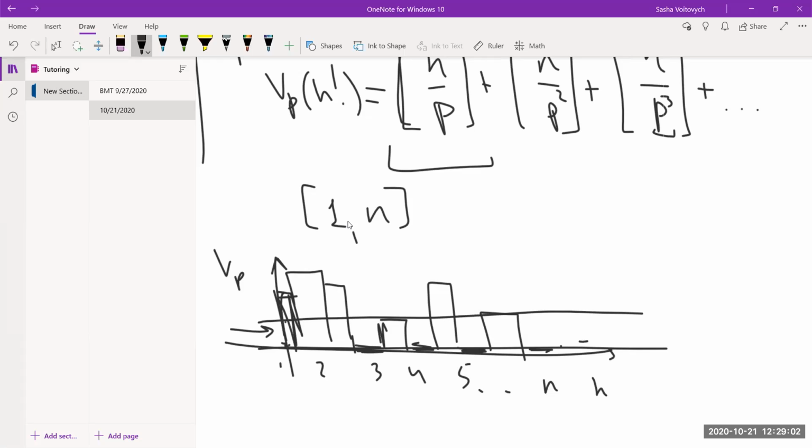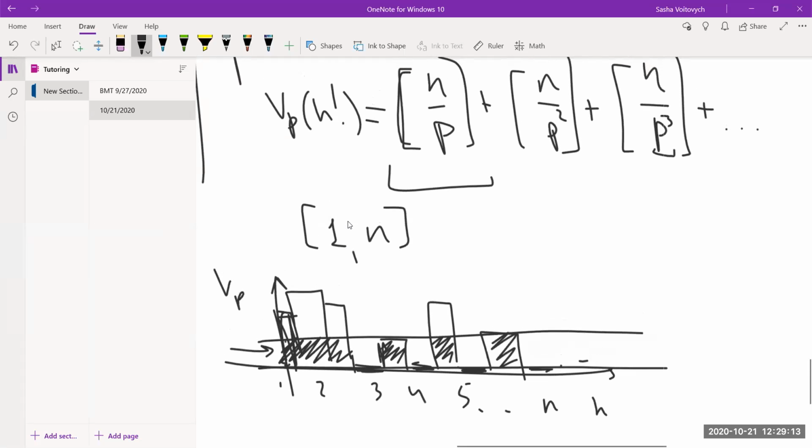Because the number of squares in the first row is the number of numbers in the interval from 1 to n that are divisible by p. So n over p squared would be the area of the second row, the number of squares in the second row.